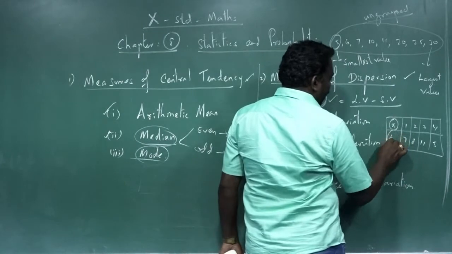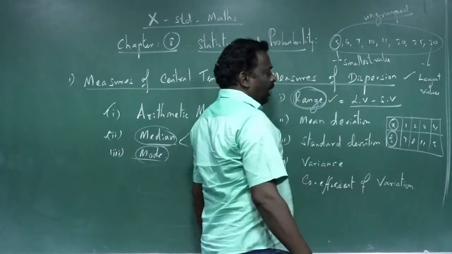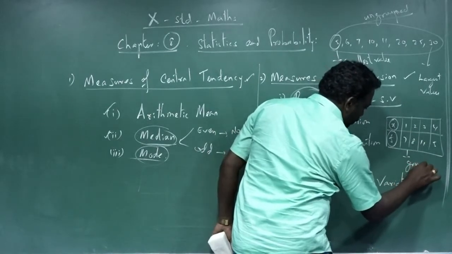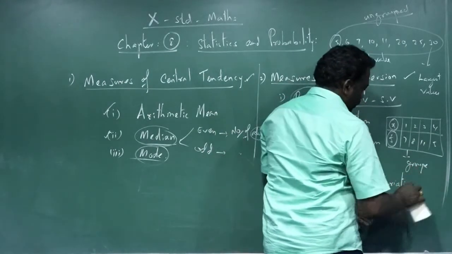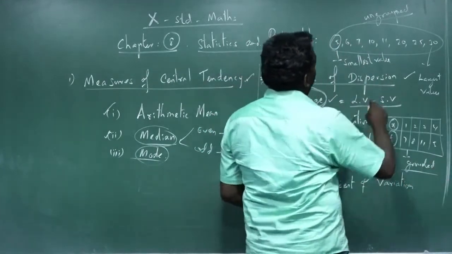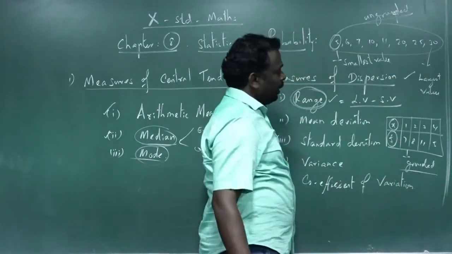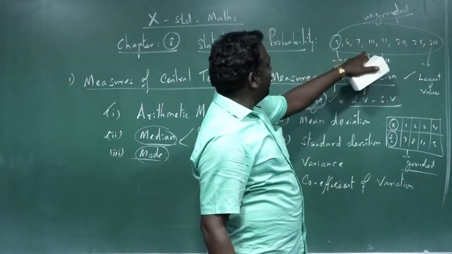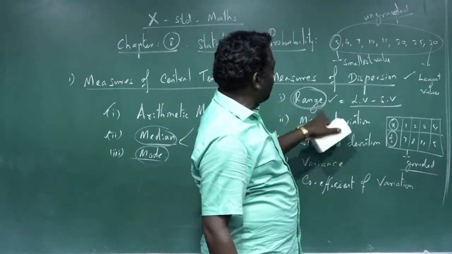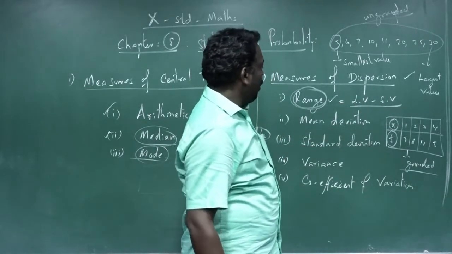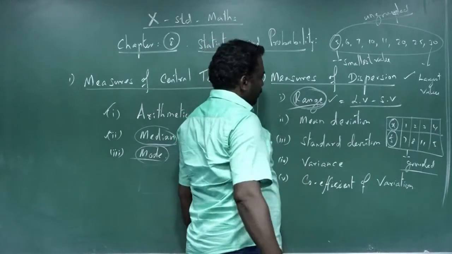X values and f values are given. This data is called grouped data. So in ungrouped data, to find the range, it is the largest value minus the smallest value.